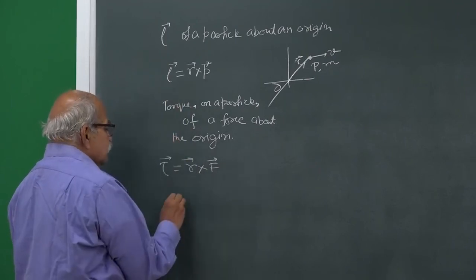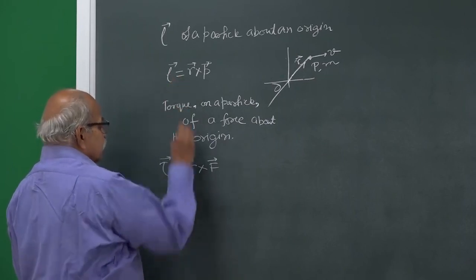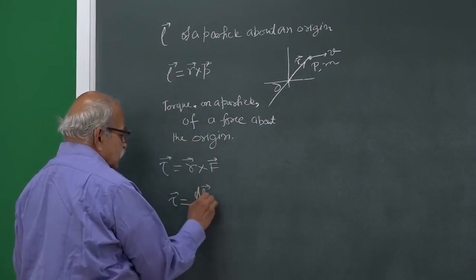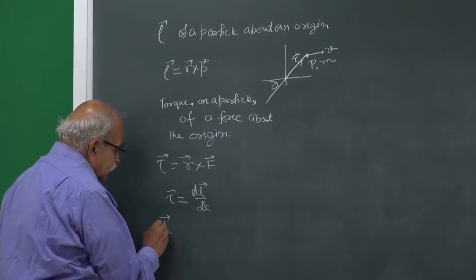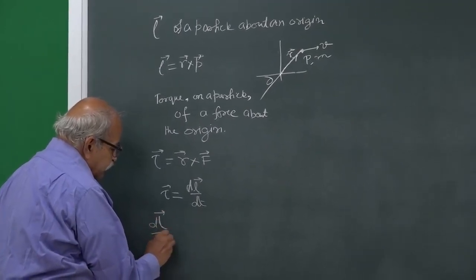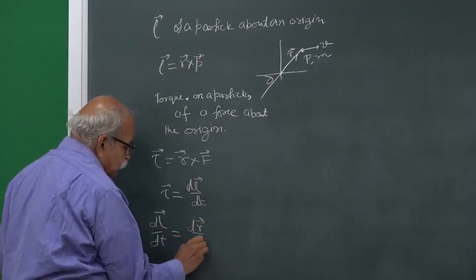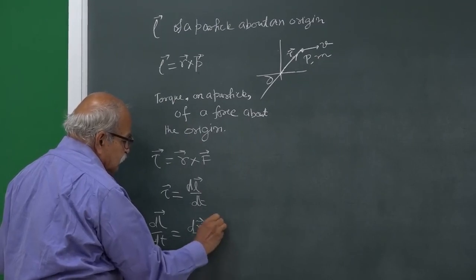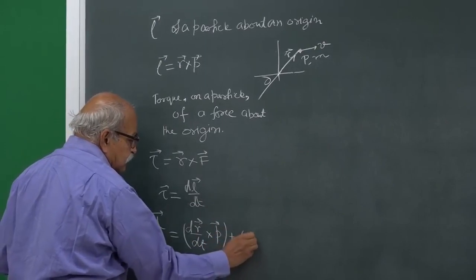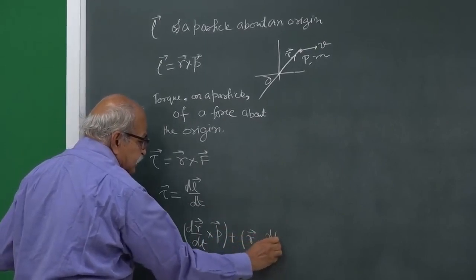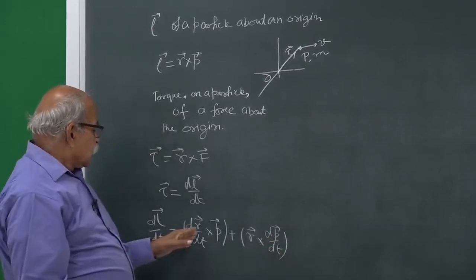And then you have a very simple relation that torque is equal to dL/dt. dL/dt is simple, L you know. So, dL/dt, if you do, it will be differentiation of the first function cross the second function as such, and then the first function as such, and differentiation of this second vector.